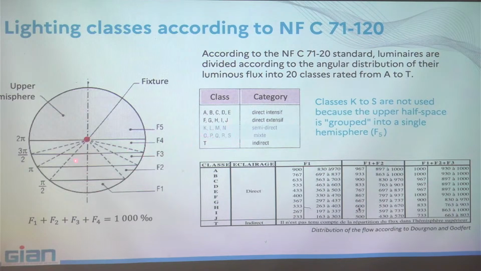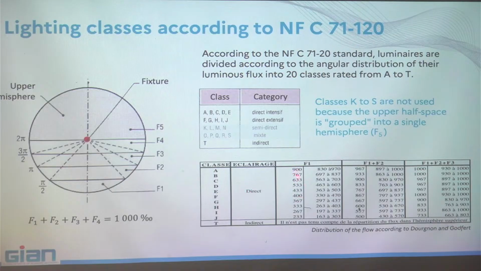And then, if you know how much flux is going here, how much flux is going here plus here, and so on, you can have the full description of your flux distribution in the space, and they allocate for that a number of classes going from A to J, with A being very close to a projector.